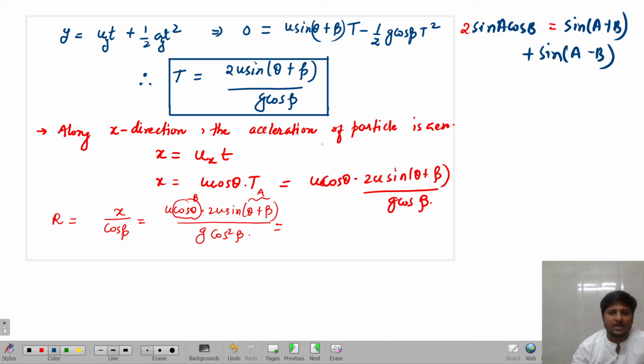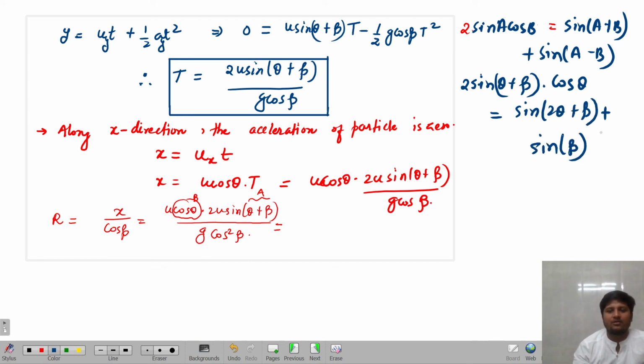Now I am considering sine theta plus beta. What will 2 sine theta plus beta into cos theta be? I can write this as sine 2 theta plus beta plus sine beta only. Yes or no? This will be my form.